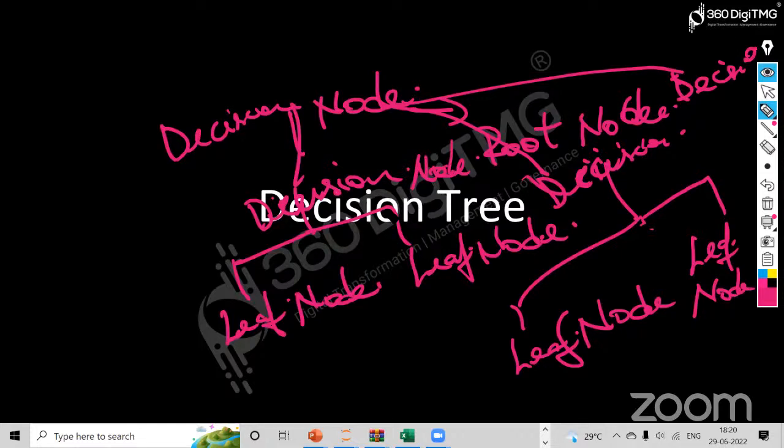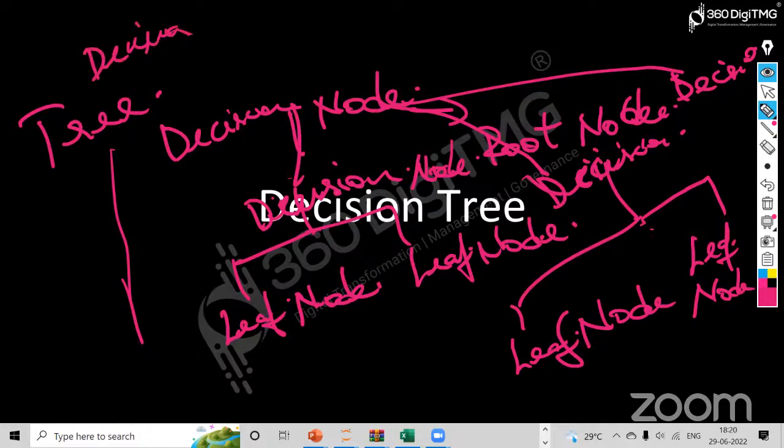So the whole logic behind a decision tree is like a tree structure. It keeps increasing. In a way, your decision tree will try to mimic the thinking, whatever we think as humans.